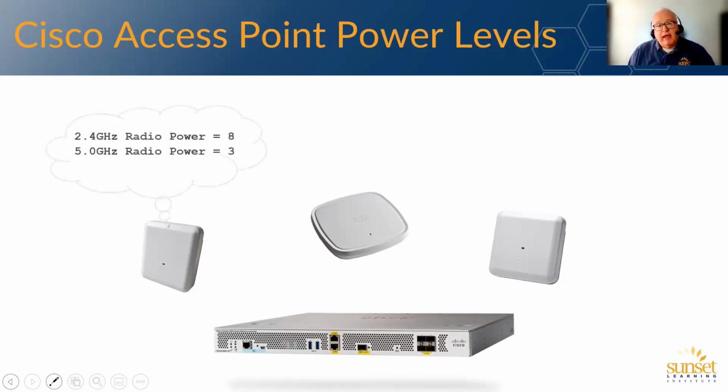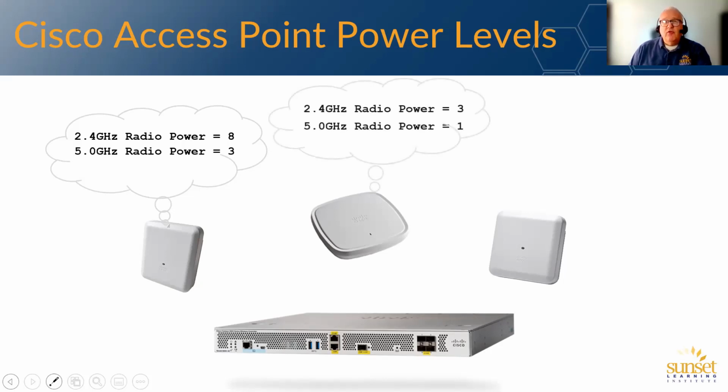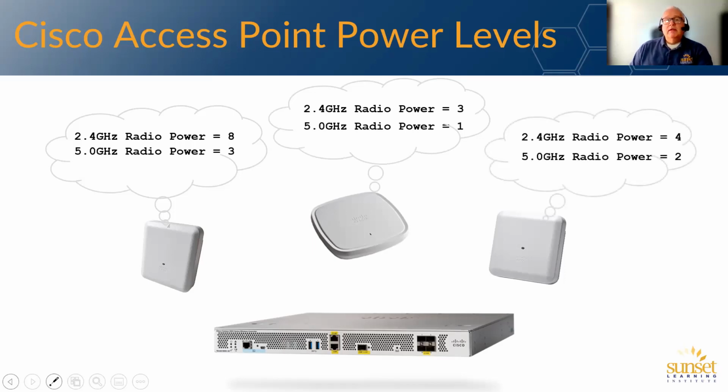This first AP has a power level of 8 for the 2.4 gigahertz radio, and the 5 gigahertz radio has a power level of 3. This AP has a 2.4 gigahertz radio power level of 3 and a 5 gigahertz radio power level of 1. And this AP has a 2.4 gigahertz radio power level of 4, and the 5 gigahertz radio has a power level of 2.